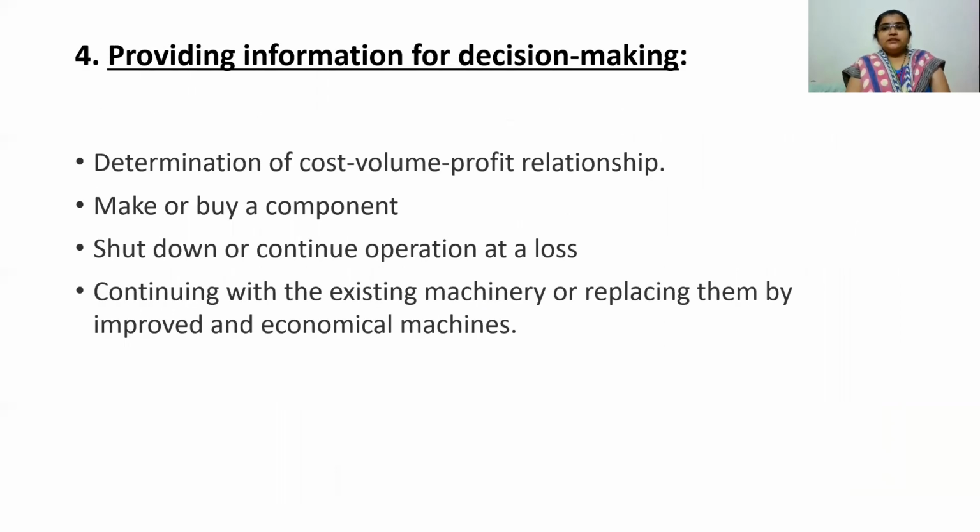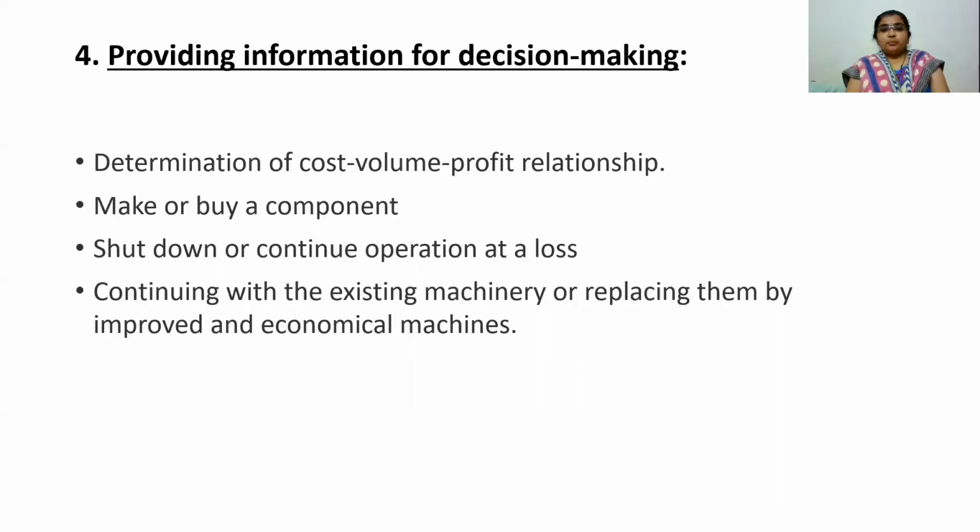Then we have another objective, providing information for decision making. Here, it determines the cost-volume-profit relationship, which helps us to know what exactly the decision is that a company is going to take. For example, make or buy a component. When we need to make, it helps us to take a decision while buying or procuring the raw materials and while marketing the finished goods.